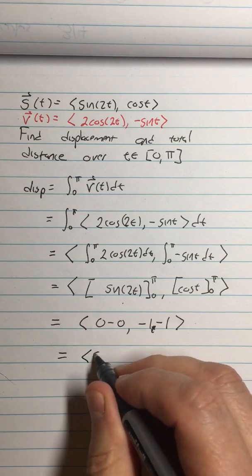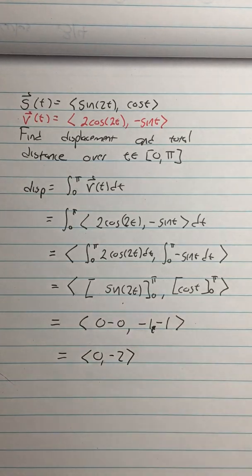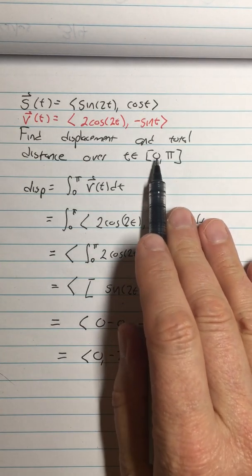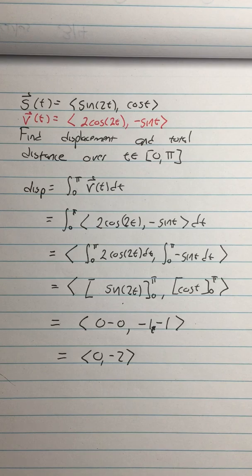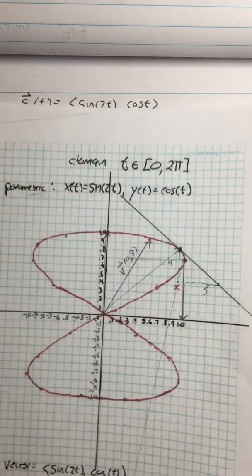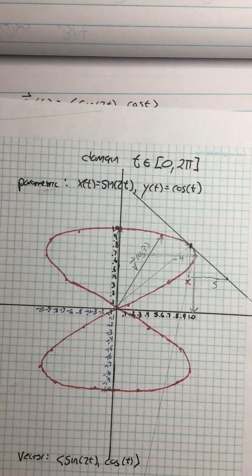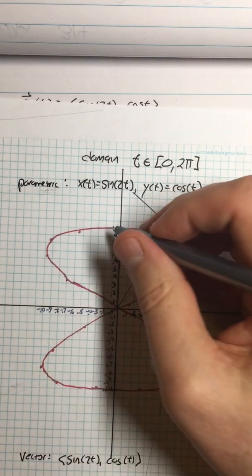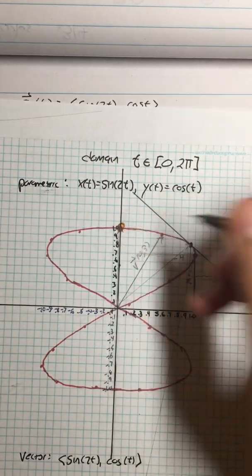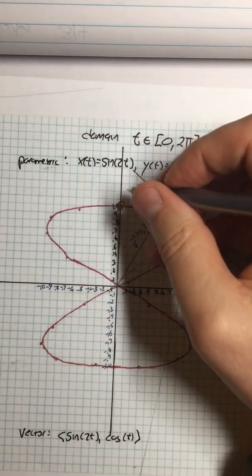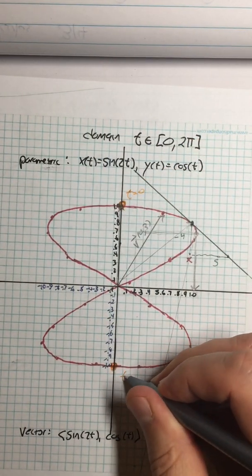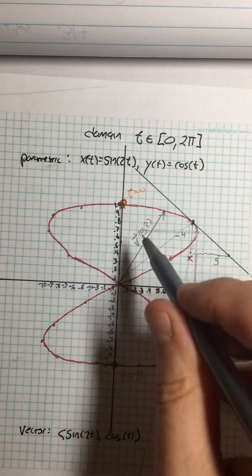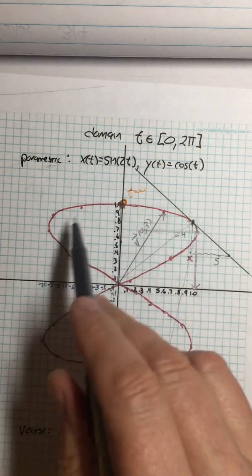So that's just doing this integral and this integral. I get 0, negative 2. The displacement is 0, negative 2. So over the time interval 0 to pi, the displacement is 0, negative 2. And I'm going to show you on the graph what that means. From time t equals 0, which is here, to time t equals pi, which we discussed earlier, is down here, because it takes 2 pi to draw the whole thing.